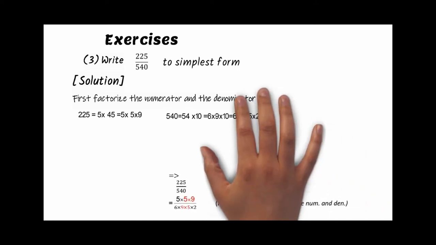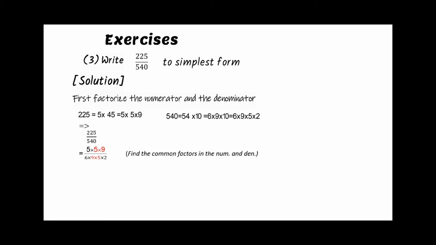Okay? So if we substitute in what we had with 225 and 540, the numerator is 5 times 5 times 9, and the denominator is 6 times 9 times 5 times 2. Now you probably see that we have highlighted in red, 5 is a common factor in both the numerator and the denominator.